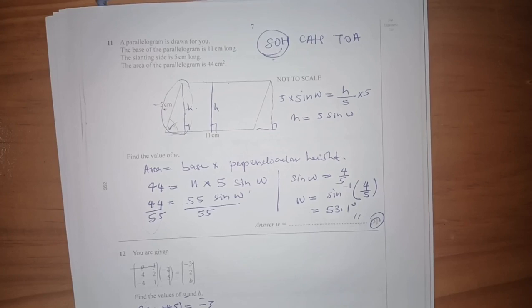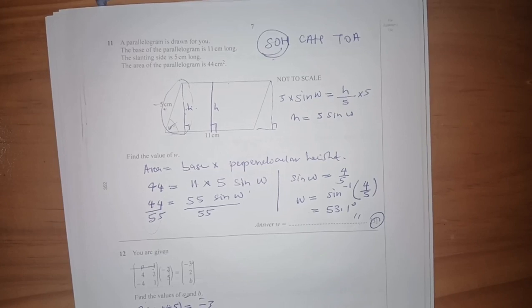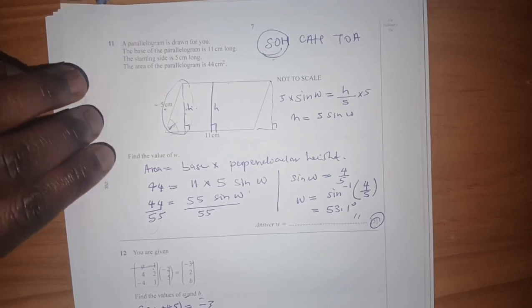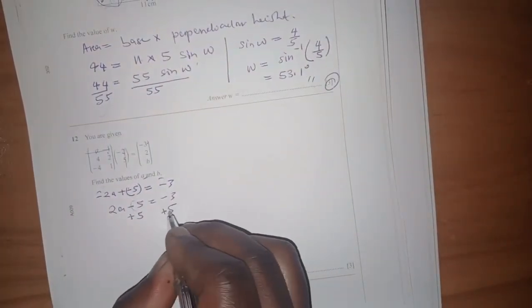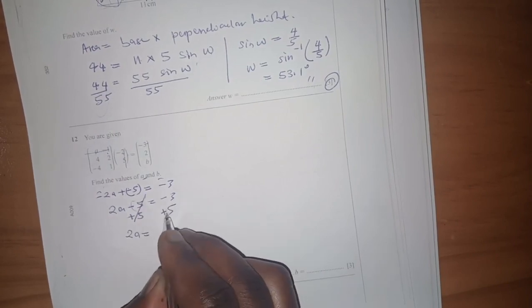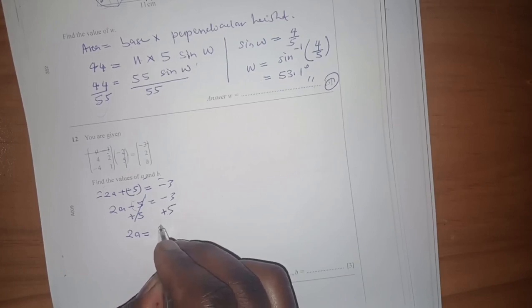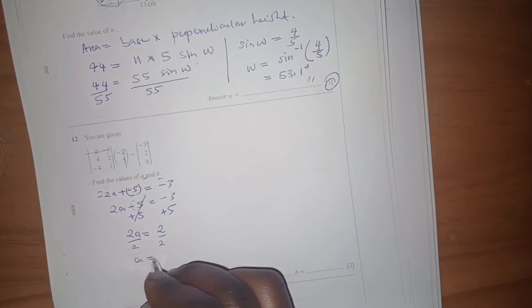Now taking this to the other side, or simply saying plus 5 on both sides, this one is gone. Then you have 2a is equal to 5 minus 3. It's giving me 2. Divide this by 2. Then your a is 1.